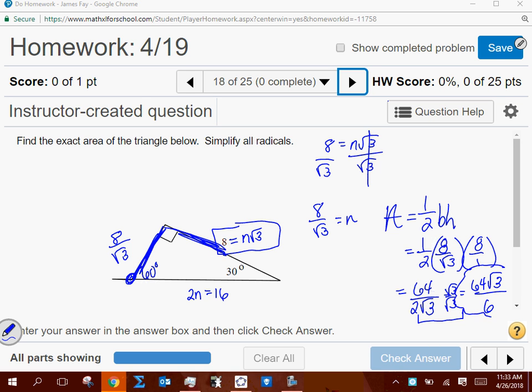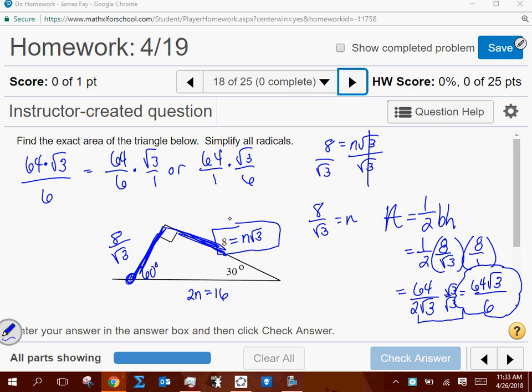What number will divide? Now, we can only divide the numbers that are outside of the radical here, okay? Because what this really means is that I have 64 times radical 3 all over 6. So I can rewrite that as 64 over 6 times radical 3 over 1, or I can rewrite it as 64 over 1 times radical 3 over 6. Does that make sense?